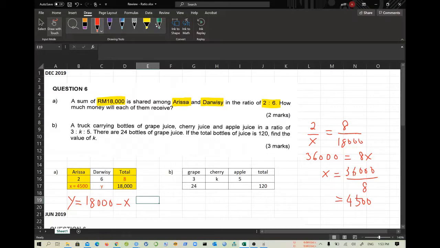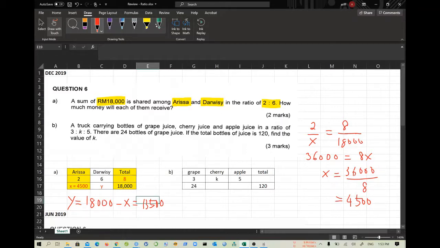So when you calculate this one, 18,000 minus x, you get 13,500. Okay, you get y equal to 13,500. If you want to recheck using the same method, you can also do that.